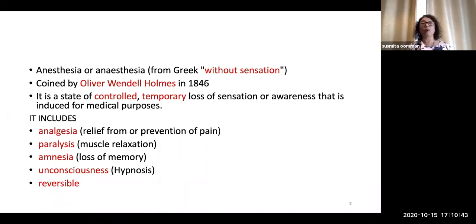Nobody is going to let you operate if they are awake. You need to have them asleep, especially when we talk of a general anesthetic. And at the end of it, when it is all done, we want it to be reversible, so we can reverse all the agents that we have given for the procedure, and we can wake up the patient in a comfortable manner, ready to recover from surgery.